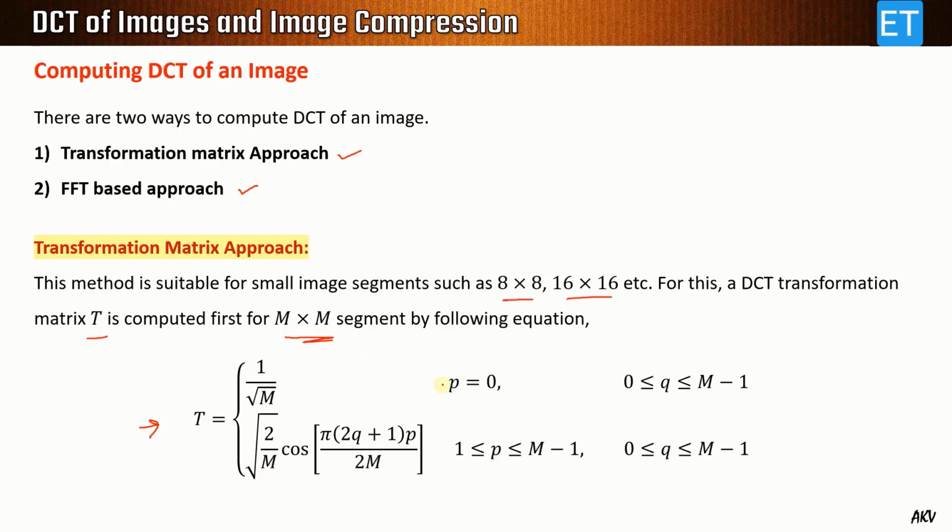Here you can see that for p equal to 0 and q equal to 0, it is 1 upon square root m, and for q from 0 to m minus 1, it remains the same value. That means the first row will have the same value, 1 upon square root m, for all columns. After that, it will change to this value depending on the value of p and q.